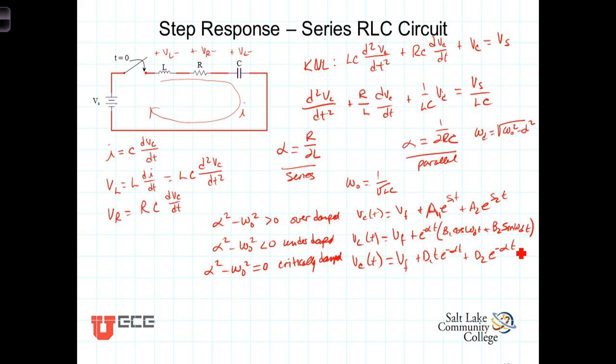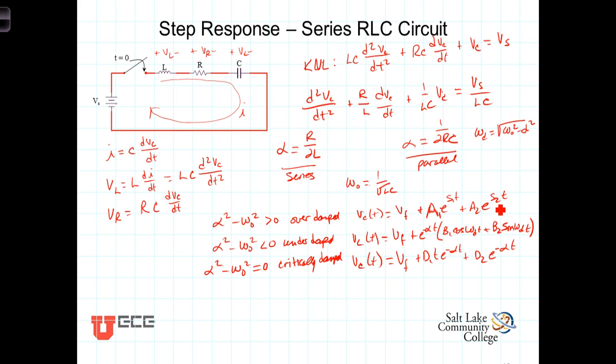And as was the case in the other circuit, each of the voltages in this circuit, as well as the current, will be of one of these forms, depending upon the relative values of R, L, and C. R over 2L for the alpha, 1 over the square root of LC for omega naught.